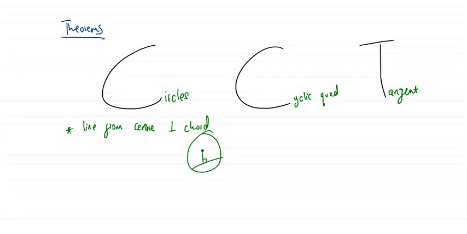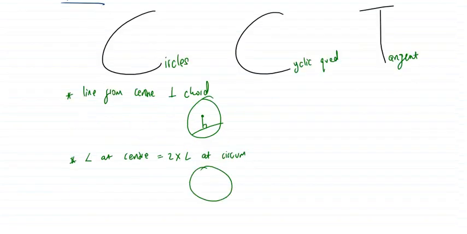And then the second theorem is the one that says the angle at the center is 2 times the angle at circumference. I'm giving them in a way that you would write them as reasons. So this one is the one that says the angle at the center is twice the one at the circumference.